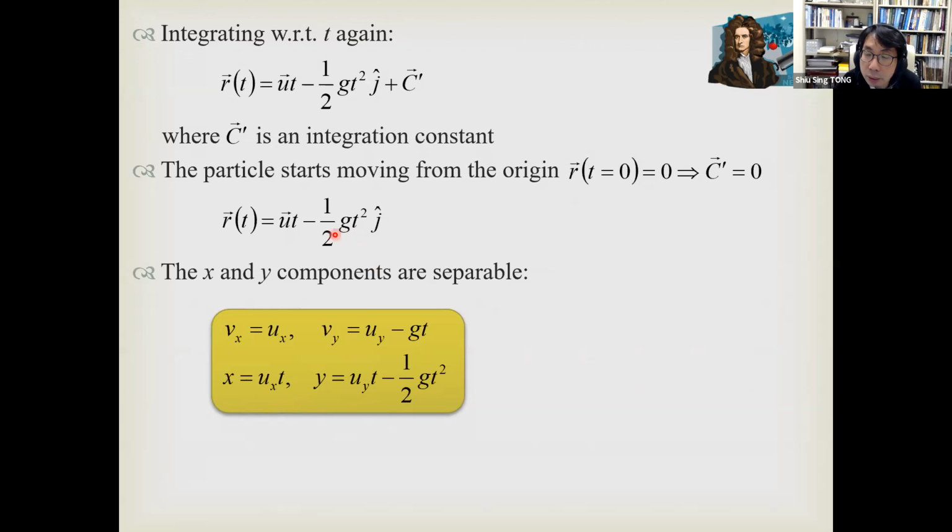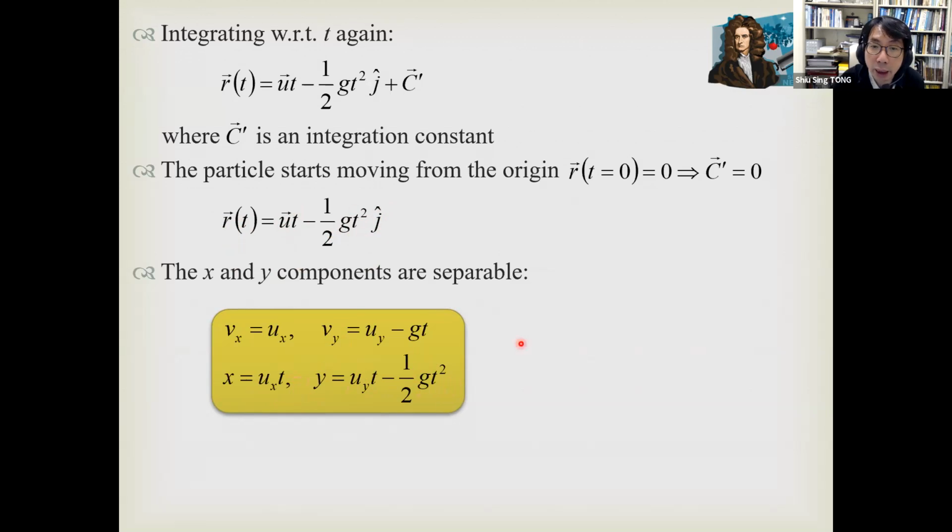How about taking the y component? This becomes y, the y component for the displacement. This becomes uy, and the j component gives me a term of minus half gt squared for the y direction.